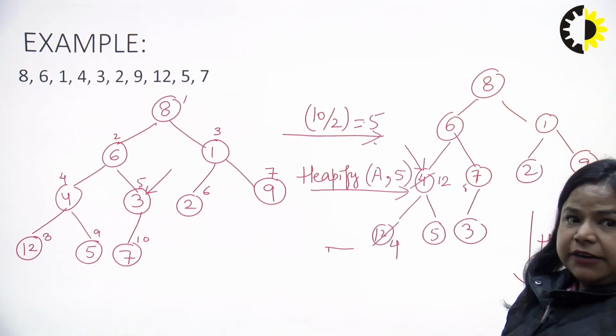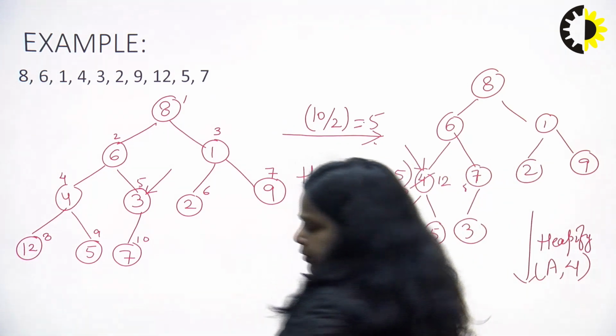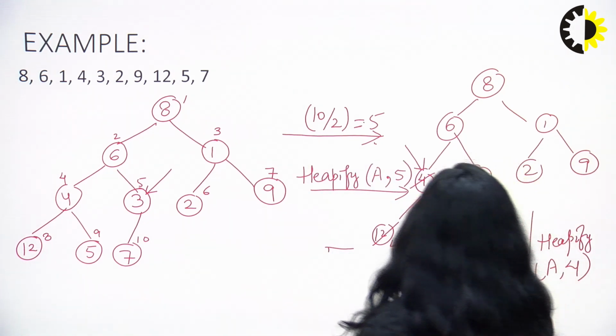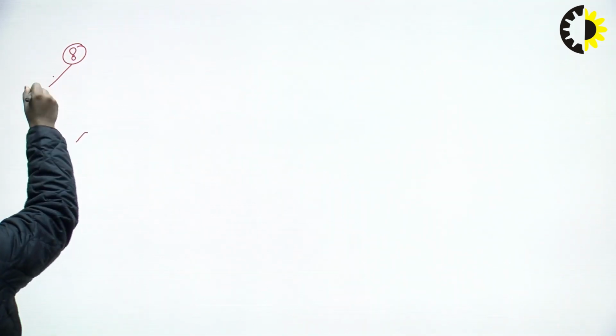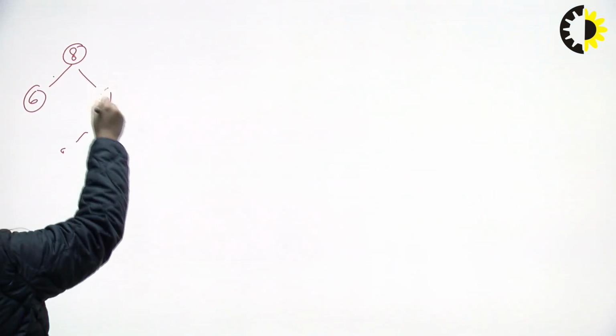Fine. Then after that we have to generate a tree, right? So now we are getting a tree as 8, 6, 1.